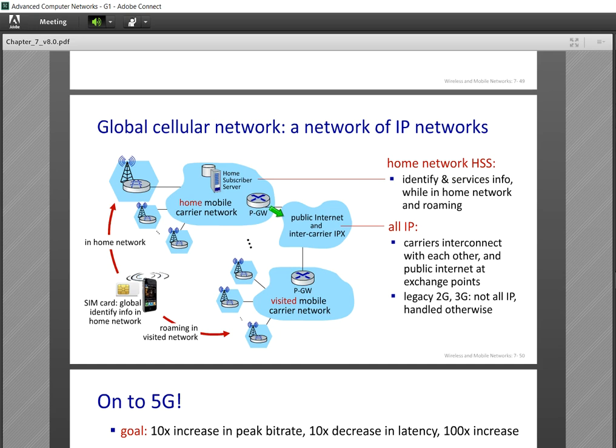So in 4G, we use completely IP-based networks. My backbone is fully IP-based.